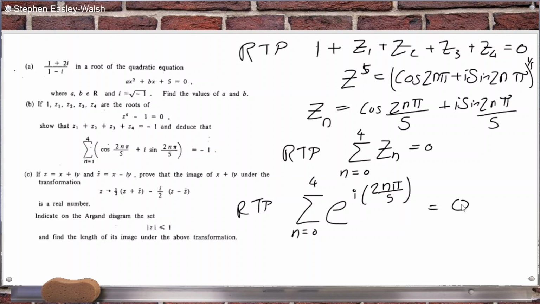Now, that's a geometric sum, where the first term, a, is 1, because if n is 0, this is 1. And then each time, you're multiplying by e to the 2 pi i over 5.